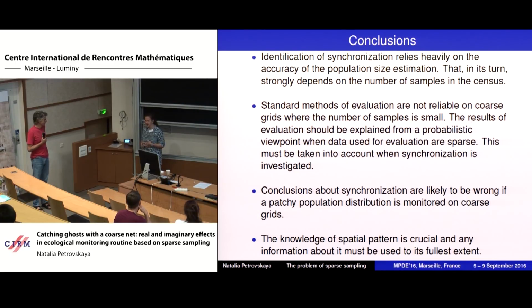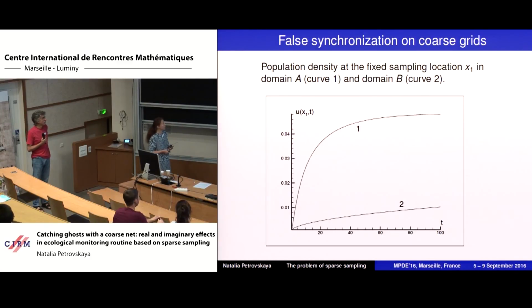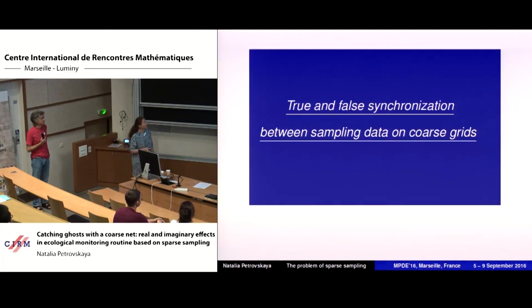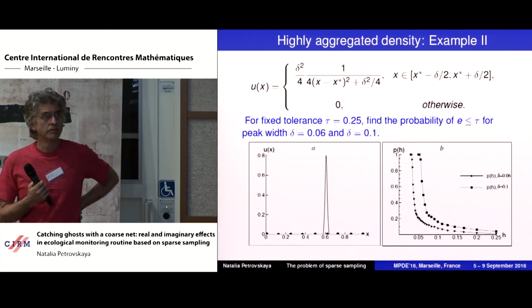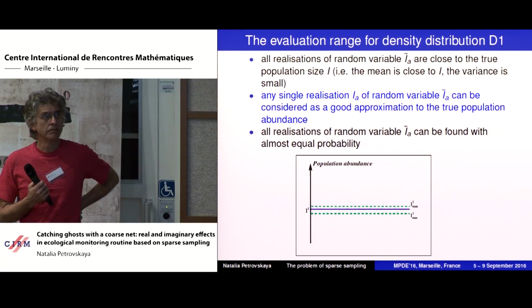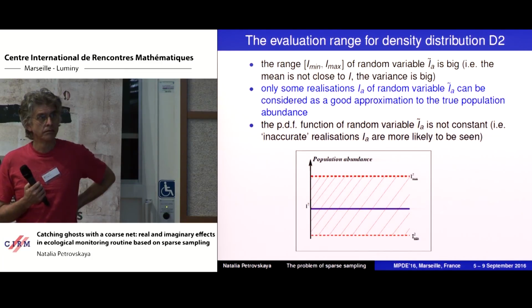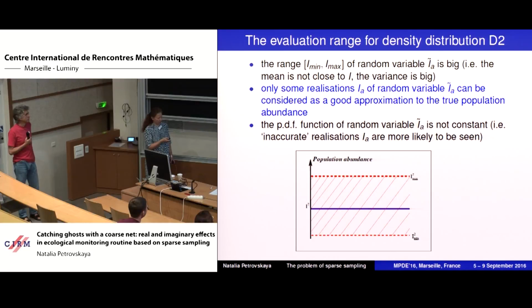There is some evidence in ecological literature that when they use a random grid, somehow they believe that they get more accurate evaluation. But once again, if I can go back to this diagram. Okay, so this is all about this diagram.